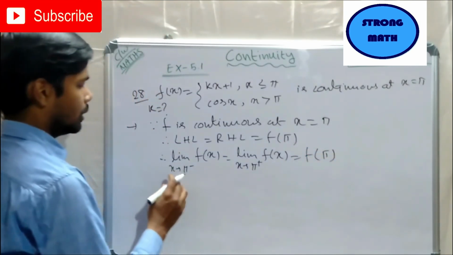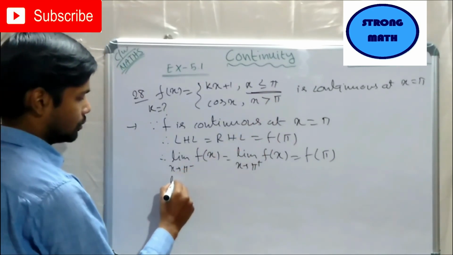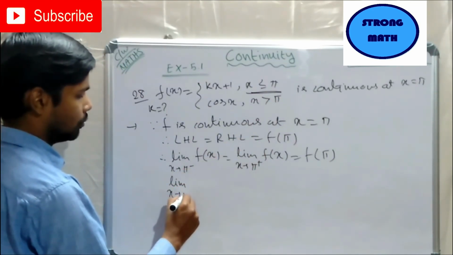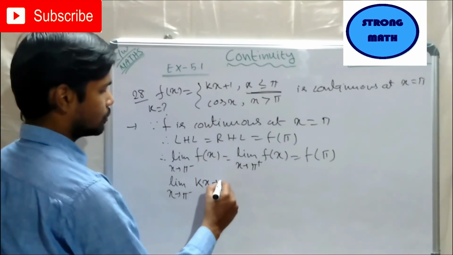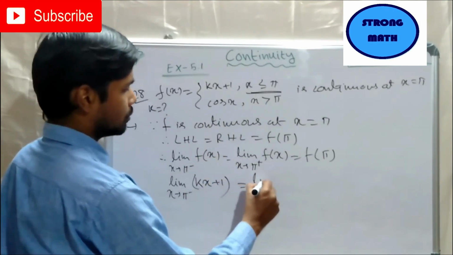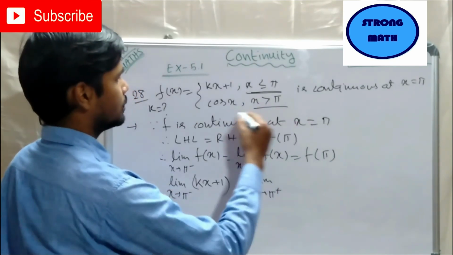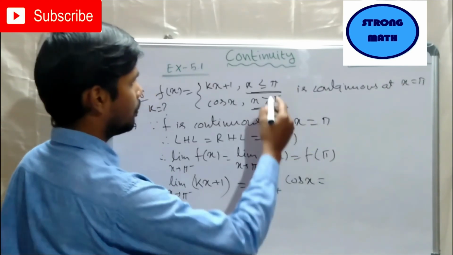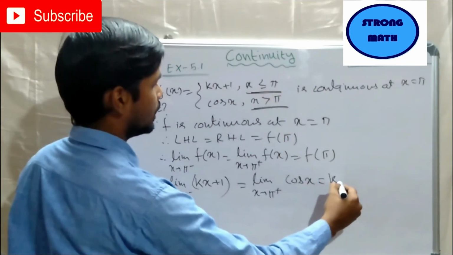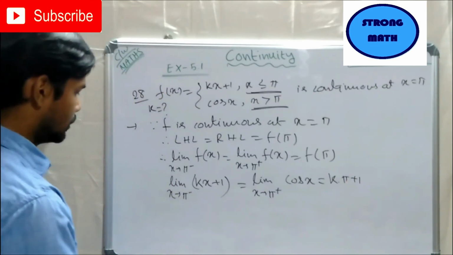Now x tends to pi minus means this range, so the value of the function is kx plus 1, which equals the limit as x tends to pi plus, in this range the value is cos x, and f of pi is k into pi plus 1, right?